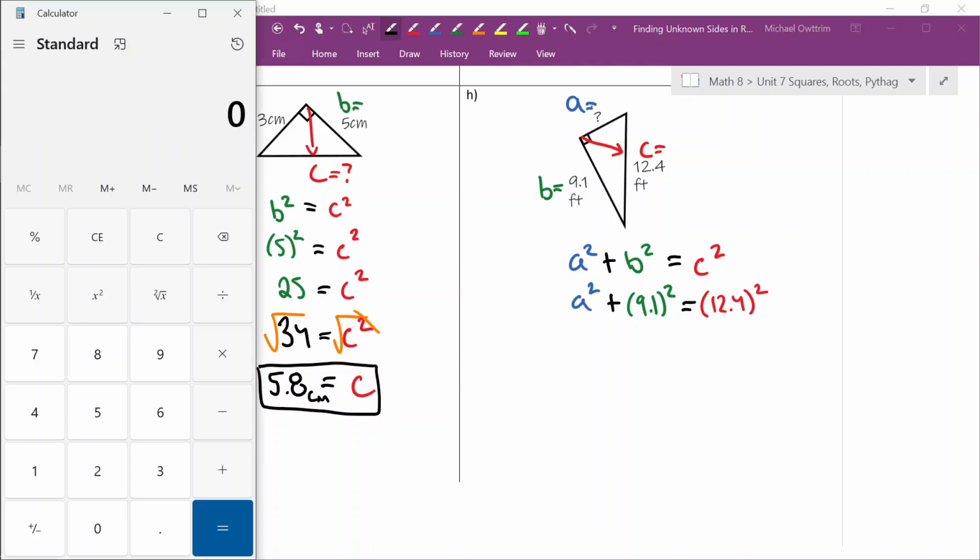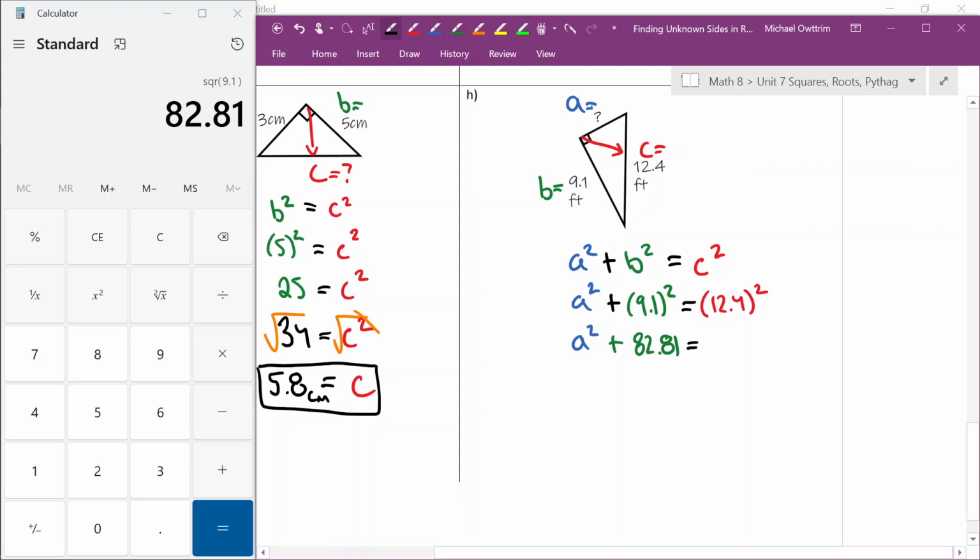So let's do those calculations. 9.1 squared is 82.81. I obviously don't know what a is, so it's just going to stay as a squared for now. And on the other side of the equation, my 12.4 squared is 153.76. To solve for a, I need to undo the addition. The opposite of adding 82.81 is subtracting 82.81 from both sides. So I'll do that.